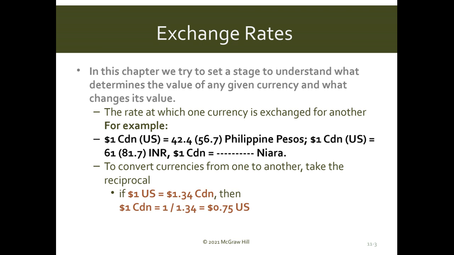One Canadian dollar equals, currently 61.3, but that is very close, 61 Indian rupees. And one Canadian dollar, you have to fill here how many Nairas. If I'm not wrong, it's around 585 Nairas for one Canadian dollar.